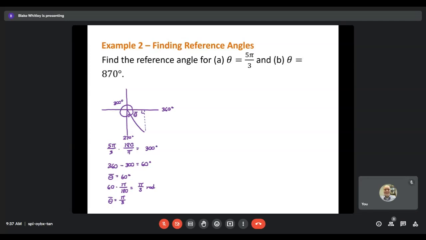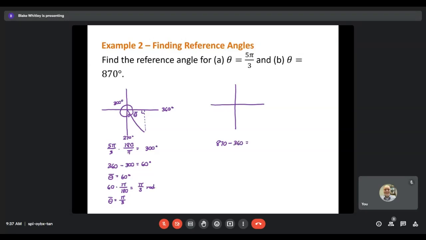Now the next one, we're going to go 870 degrees. Now, 870, definitely more than 360. It's more than a full revolution, right? So we know that. So what I want to do is think about, well, how many revolutions have I actually gone around? So I'm going to start subtracting off 360 degrees just to get a better idea of where this is located.